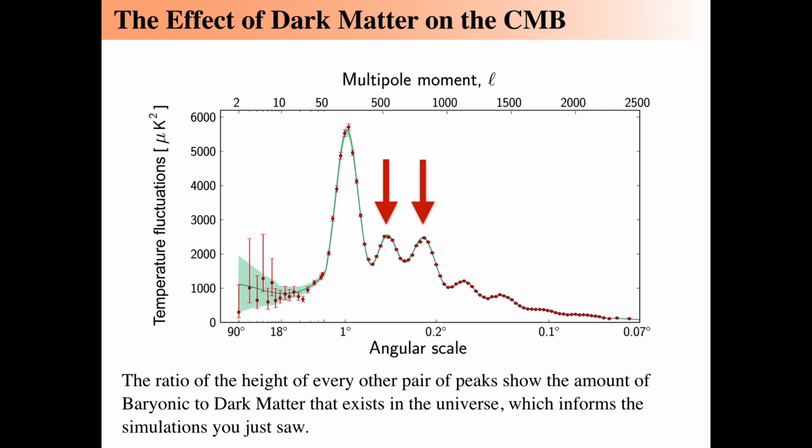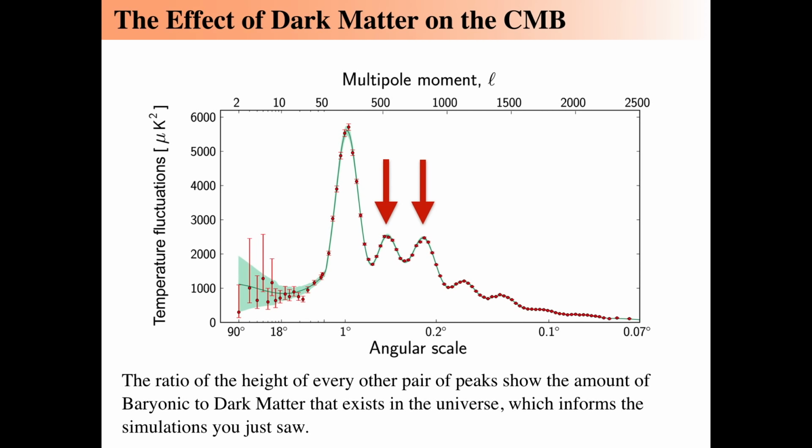Because dark matter, as we saw, doesn't slosh as much as normal matter does. It just simply falls together slowly, and doesn't recoil as it falls.